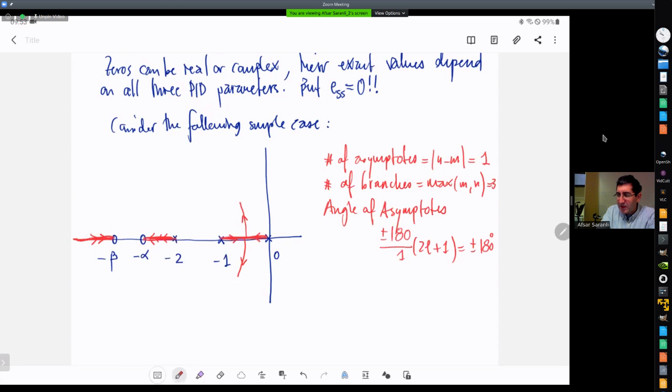And since these need to come back to the root locus, they will basically go over here. Why? Because there are 2 branches here, and one will need to go back to the 0, and the other one will need to go back to infinity at the asymptote. Okay, so obviously other possibilities exist.